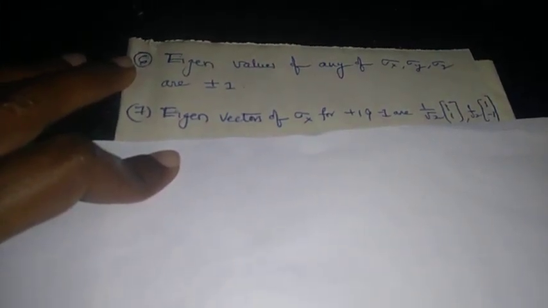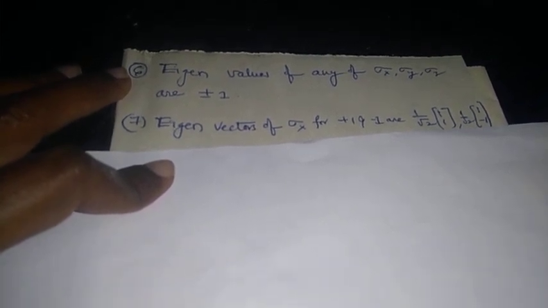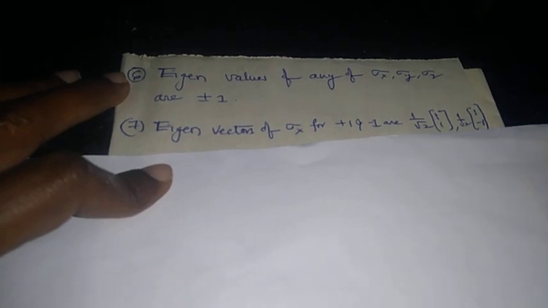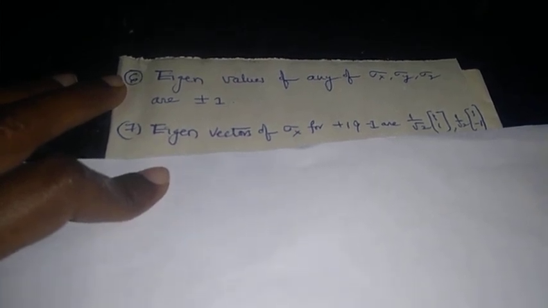And for the case of sigma x matrix, for plus 1 eigenvalue, the eigenfunction will be 1 over square root 2 into 1 1, and for minus 1 eigenvalue, the eigenfunction is 1 over square root 2 into 1 minus 1.